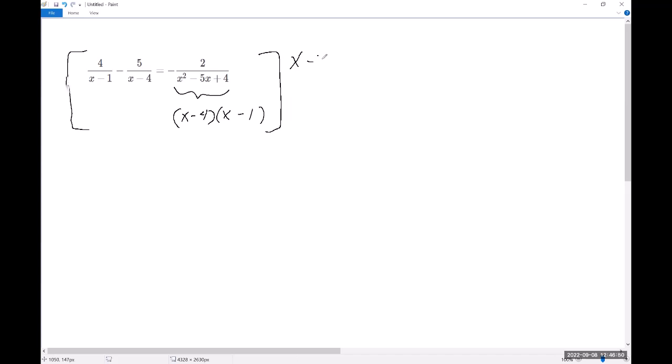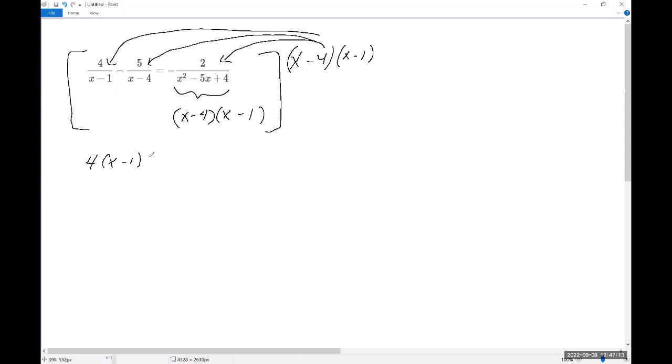So x minus 4 and x minus 1. And that's going to go over here. That's going to go over here. And that's going to go over here. So that's a 4.